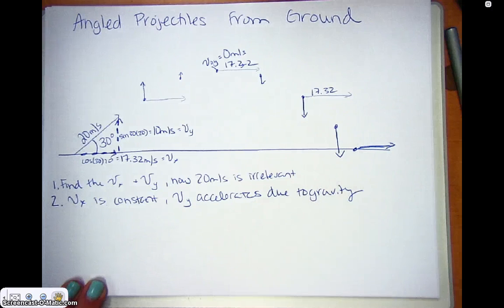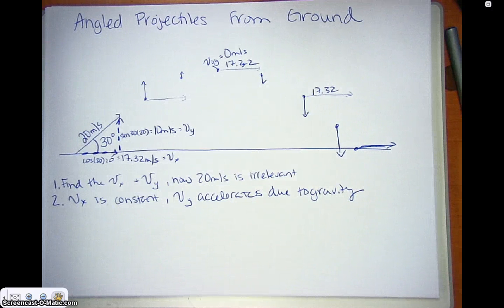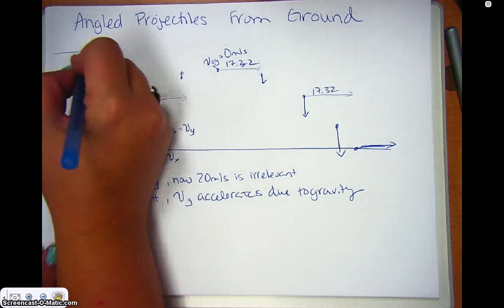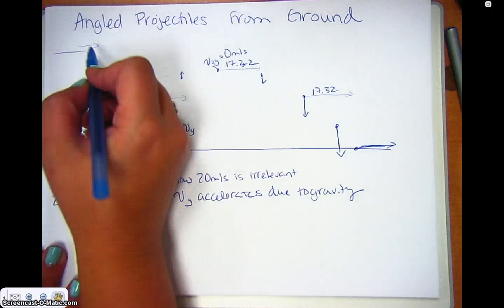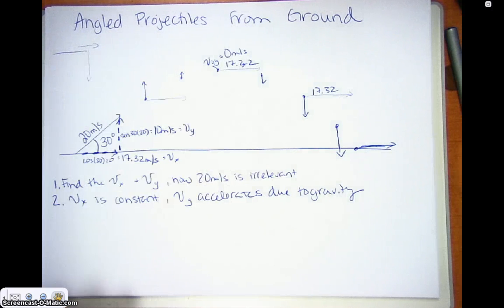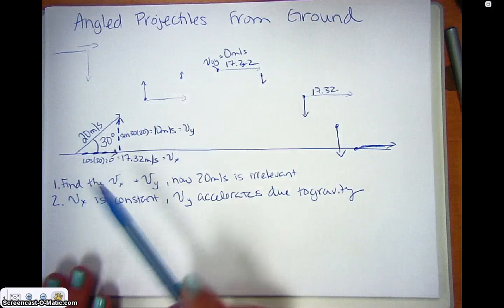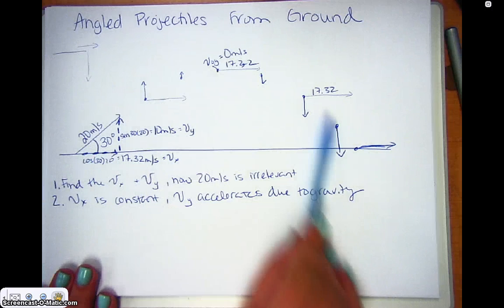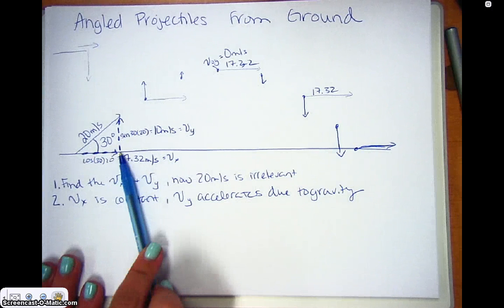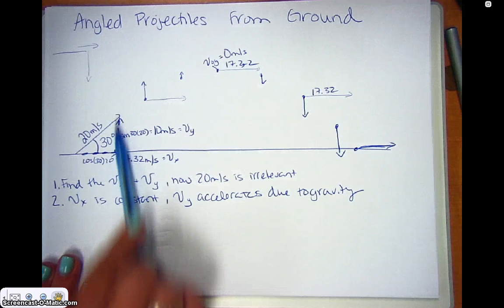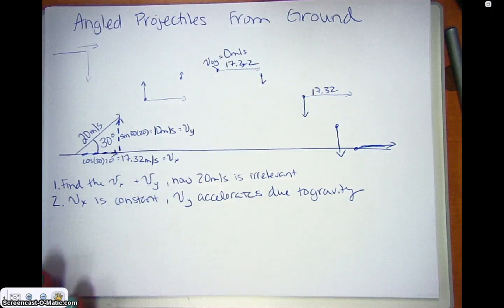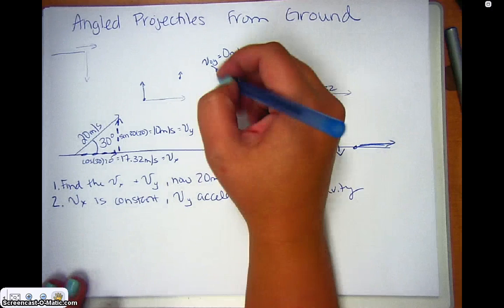In our horizontal projectile, we treated the projectile as it flew off as if it was a dropping problem, where the initial velocity in the y direction is 0. Similarly, when we deal with an angled projectile like this, we're going to deal with the y component as if it's tossing something up in the air. There are lots of things we can figure out.